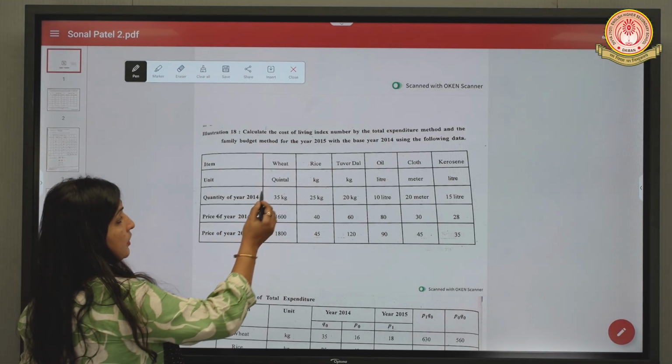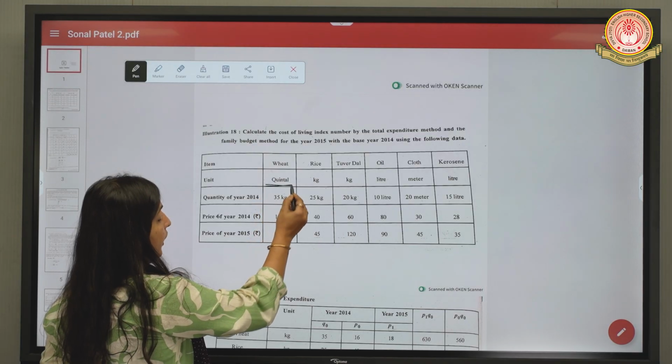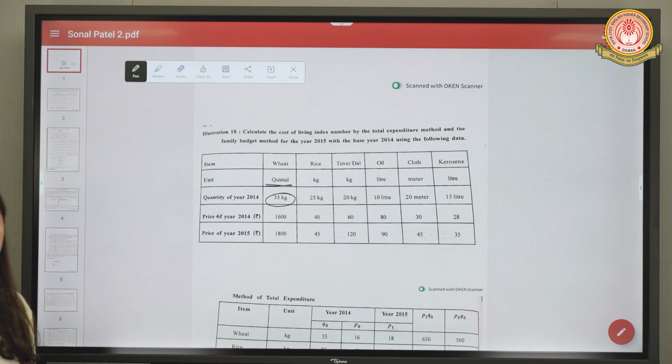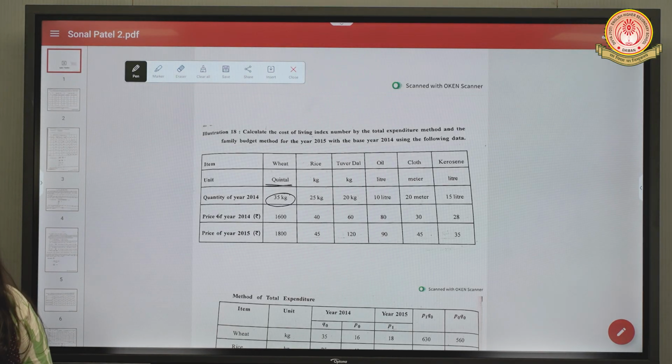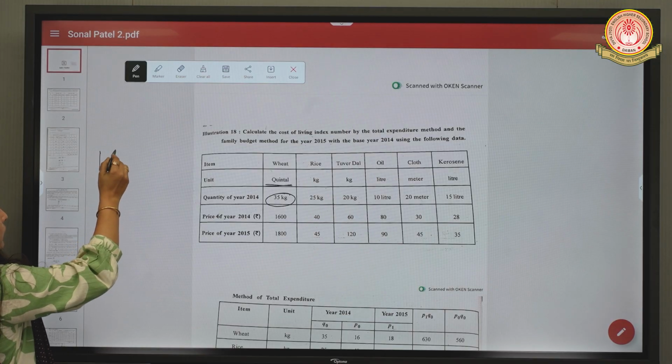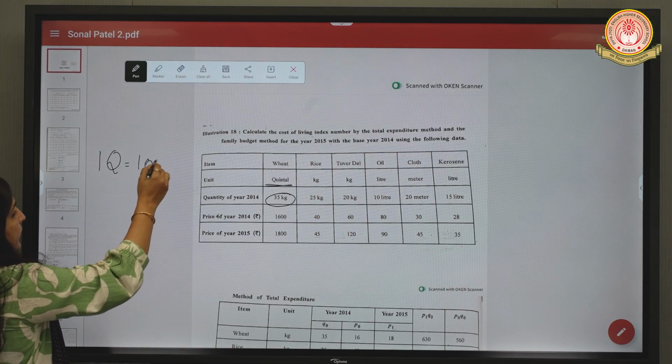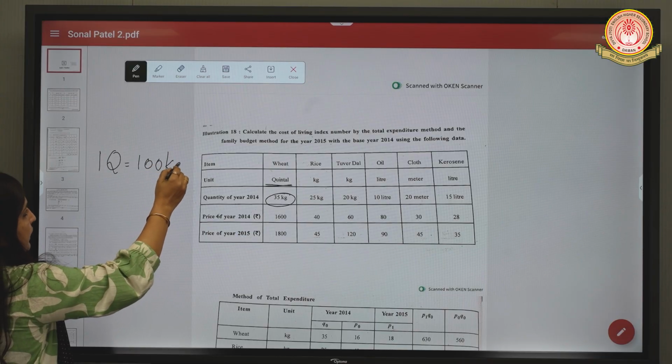Here it is written quintal, but the quantity is given in kg. These are two different units. Do you agree? Yes. 1 quintal is how much kg? 100 kg.